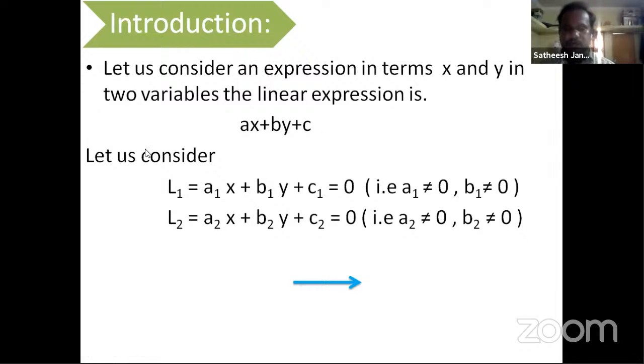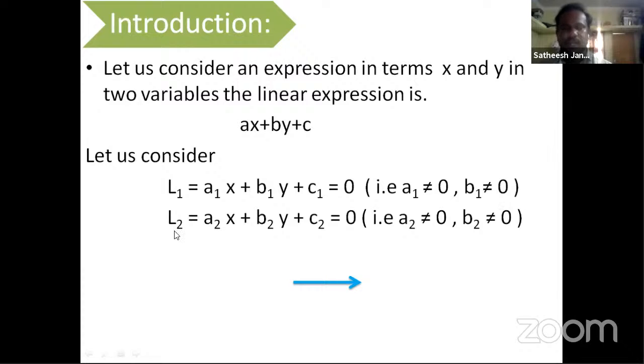Now, let us consider any 2 linear equations. For example, L1: a1x plus b1y plus c1 is equal to 0, where a1 is not equal to 0 and b1 also is not equal to 0.